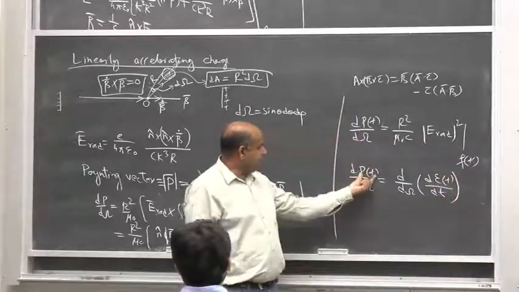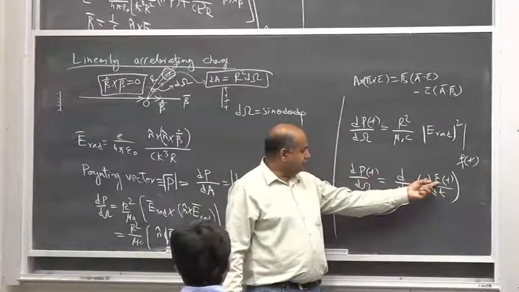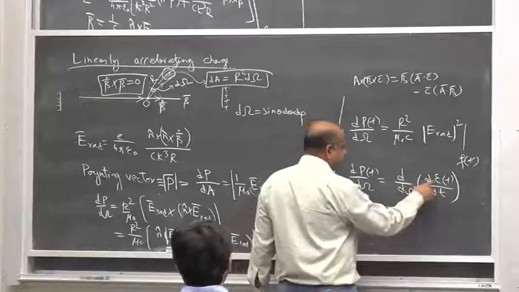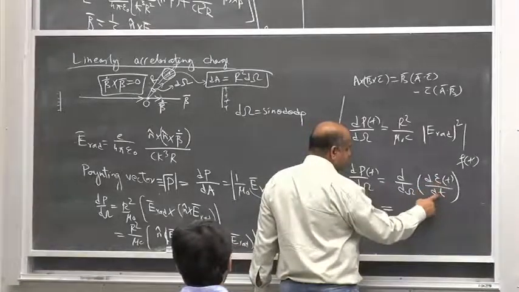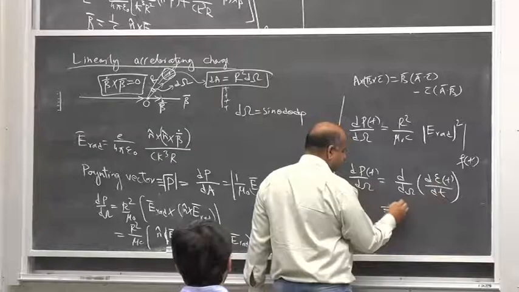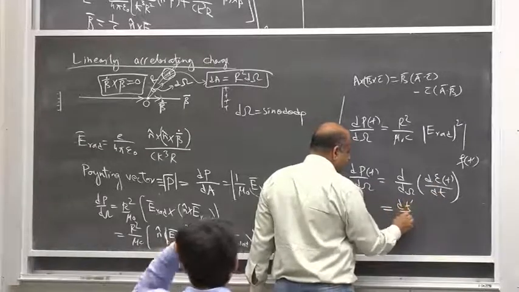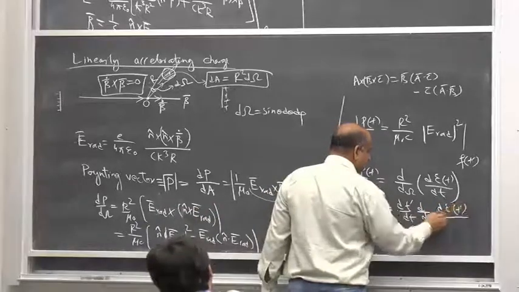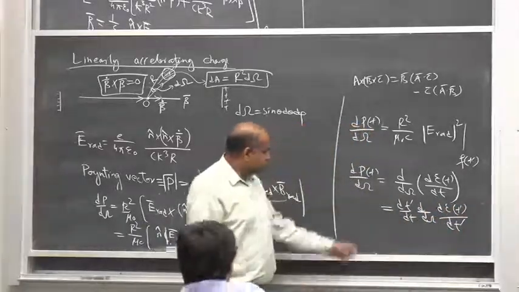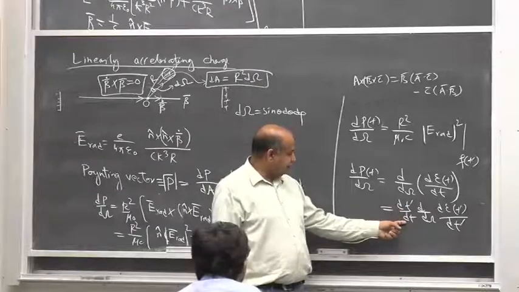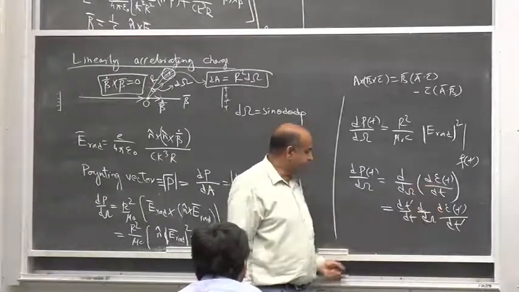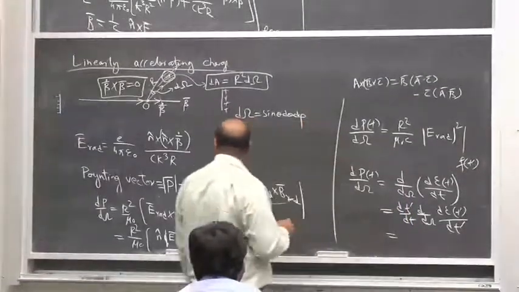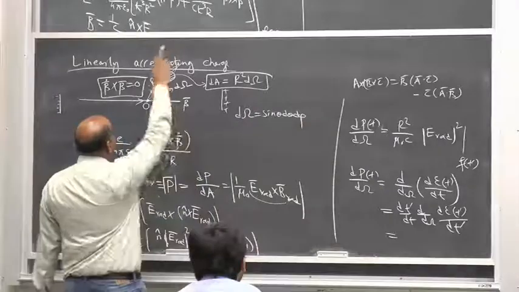So if E is energy, then d energy by dt is the power, and instead of finding this power with respect to t, we can find it with respect to t prime by this chain rule. So then I can put this dt prime by dt here. So this derivative is now with respect to dt prime.